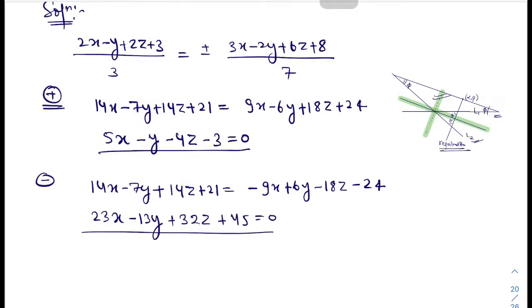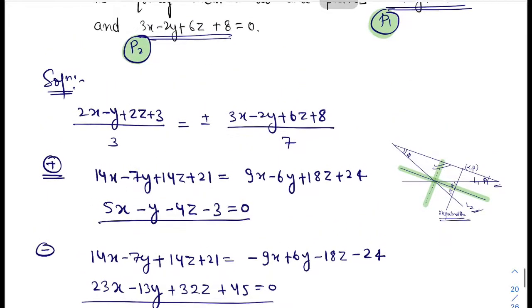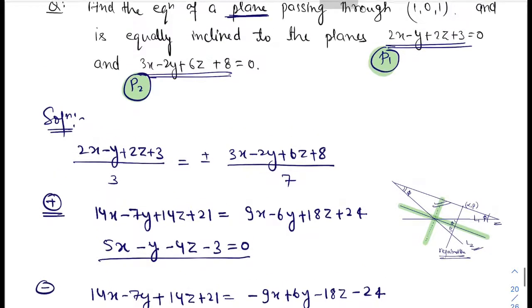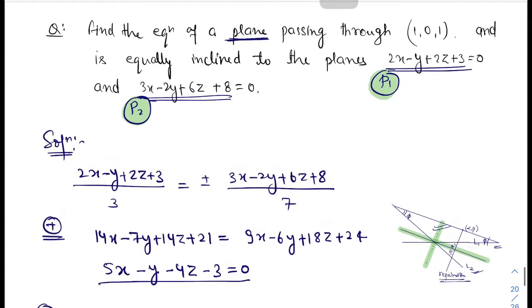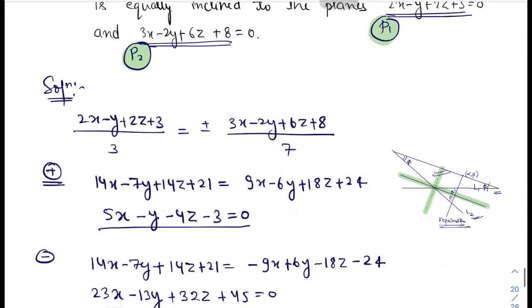So this is our second plane which is bisecting the angle between the planes P1 and P2. So we are required to find the equation of a plane which is passing through 1, 0, 1 and which is equally inclined to these planes P1 and P2.